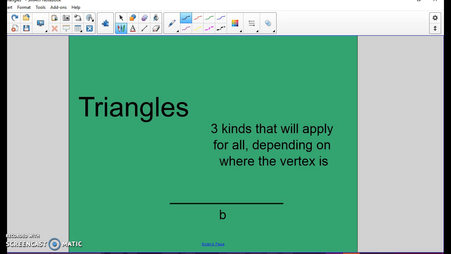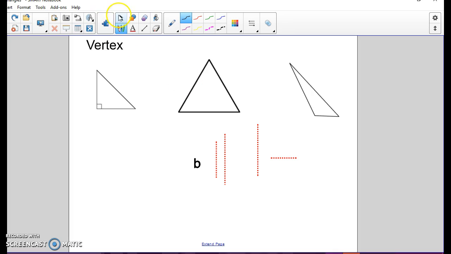Okay, so for triangles, there are 3 kinds that will apply for all triangles, depending on where the vertex is. So for all these examples, we have a base, and that's what's going to be the same for all of them. So it's just going to be the height that will change. So the different vertexes will be, let's declare our bases first. So these are going to be my bases.